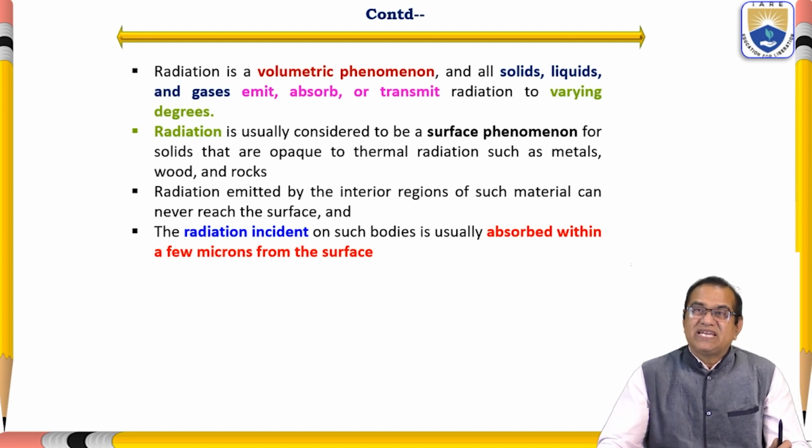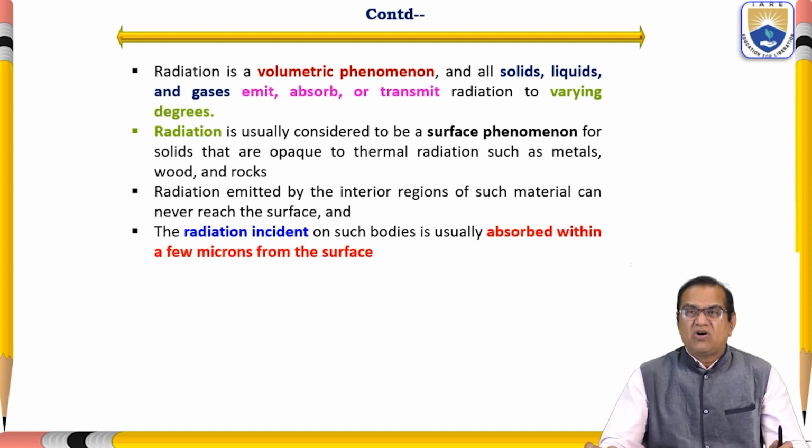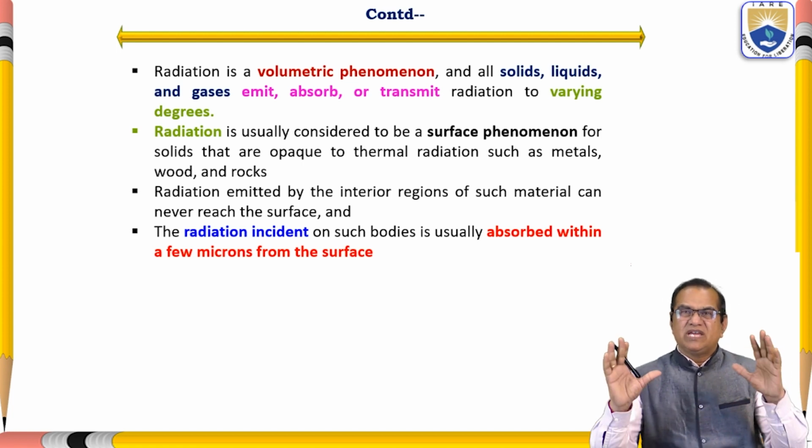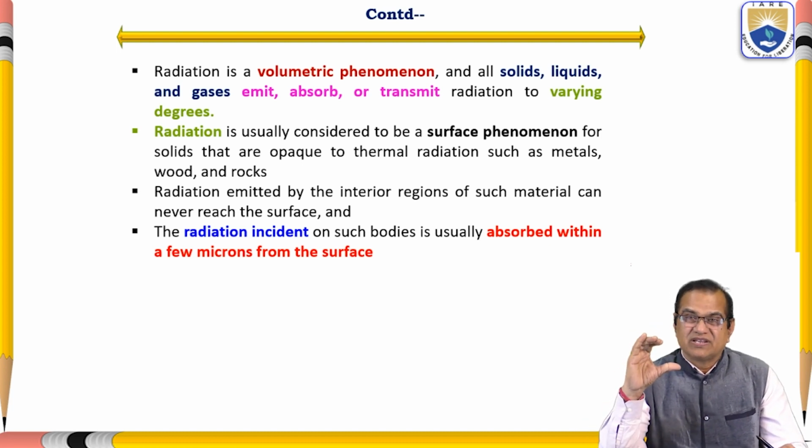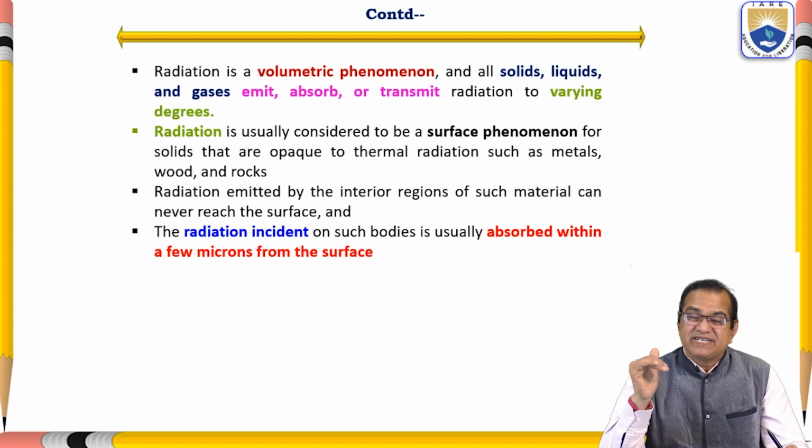Radiation emitted by the interior region of such materials can never reach the surface. So the radiation incident on such bodies is usually absorbed within a few microns from the surface. All the radiation which is coming, it is the surface which is absorbing most of it. After that, it is not radiating, but it will transfer to the inside, like a room.